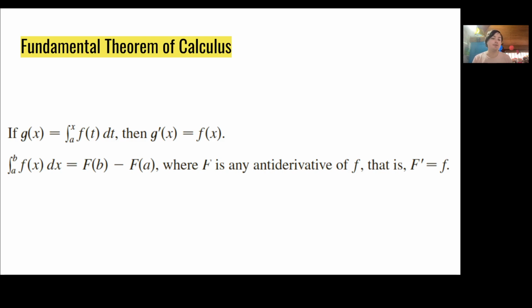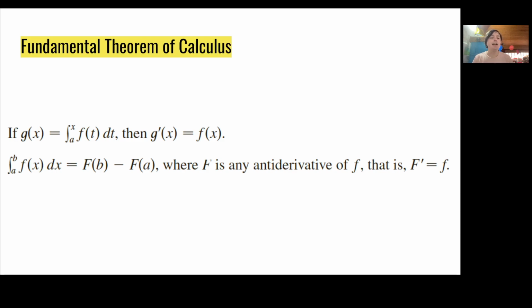And it's the fundamental theorem of calculus. So, the first one isn't used all that frequently, but it can be useful depending on if you're changing variables or if you have a very difficult integral that you're trying to solve.